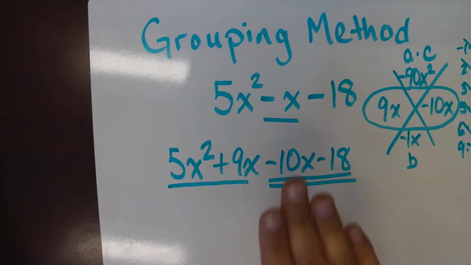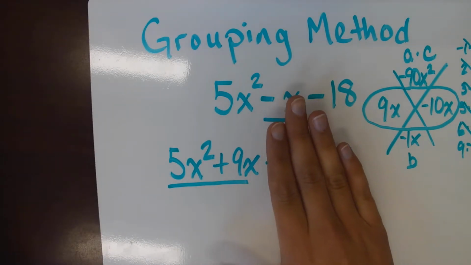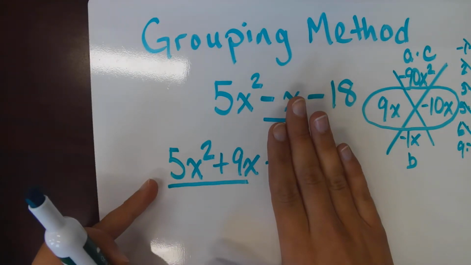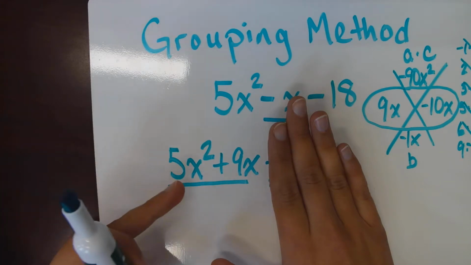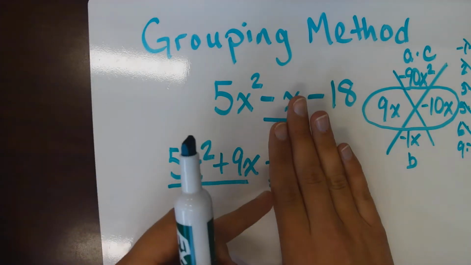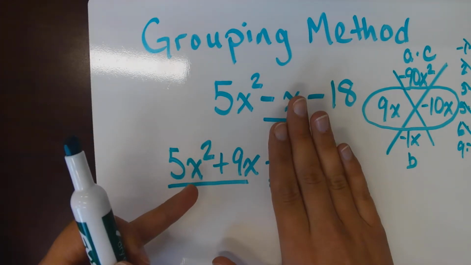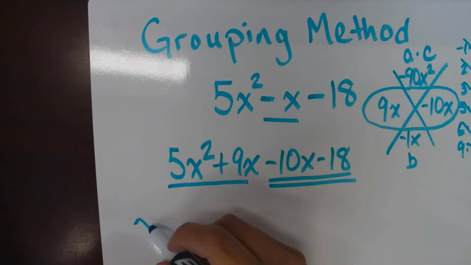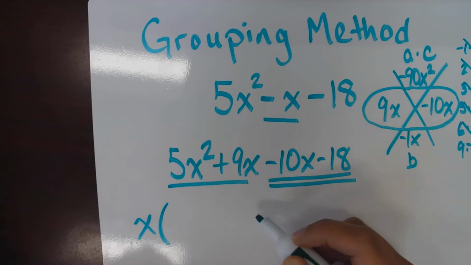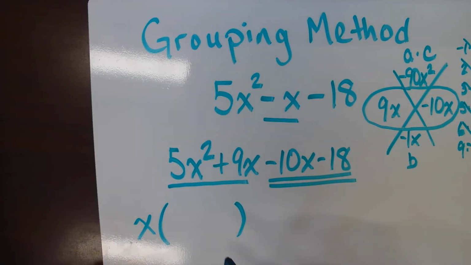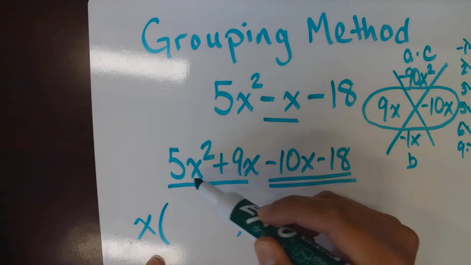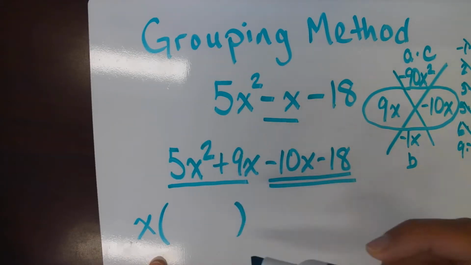Okay, so just looking at the first group, we think about what the GCF is. So GCF is a number that can be divided out of both numbers. So there isn't a number 5 and 9 have in common, but they both have an x. So I'm going to take an x out from here. Okay, so what I'm going to put in these parentheses is what is left over when I divide x from both of these.